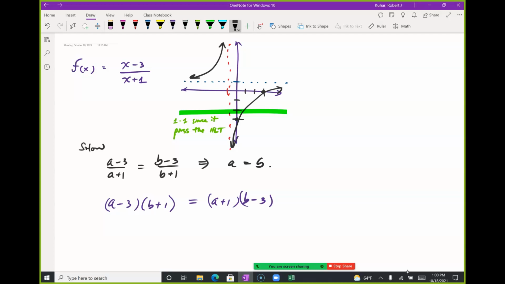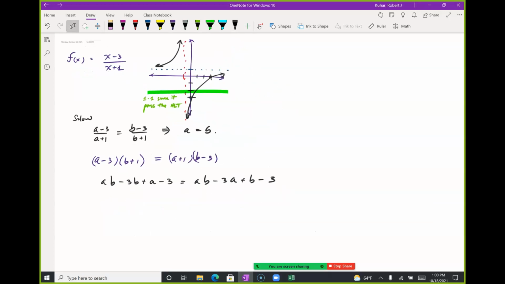Yes? So I get AB minus 3B plus A minus 3. Is that right? Yes. Equals AB minus 3A plus B minus 3. You're with me? No fractions, no parentheses, right?